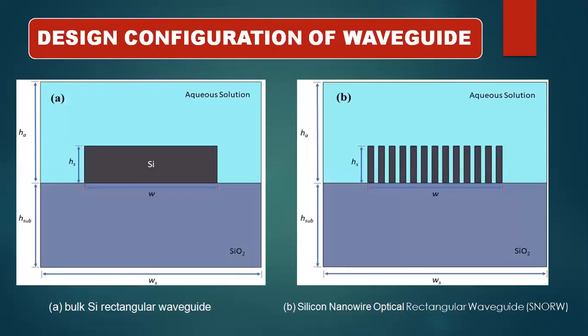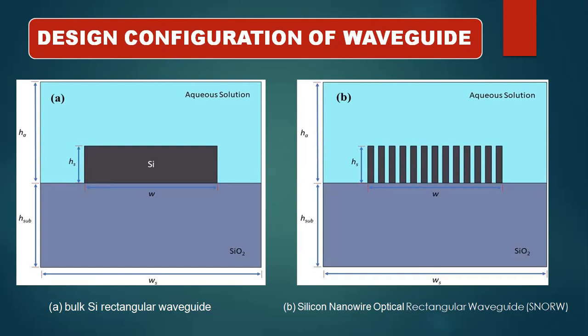Now, coming to the design configuration of our waveguide. Here you can see on the left, there is a bulk silicon rectangular waveguide, and on the right, there is a silicon nanowire optical rectangular waveguide. You notice that in both cases, we have kept the dimensions almost the same for analogous things so that the comparison becomes easy.